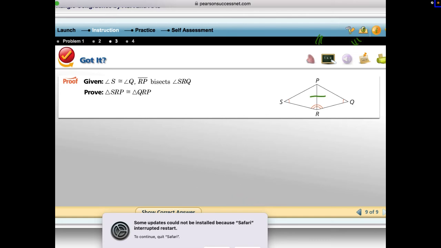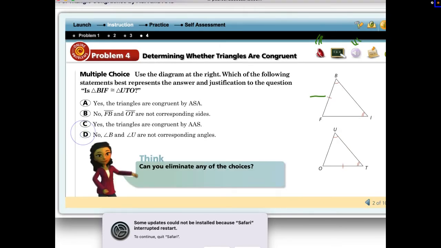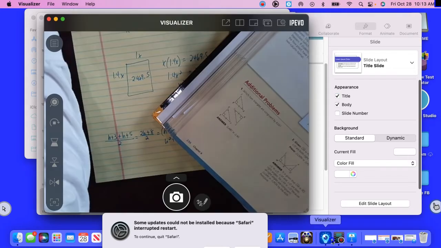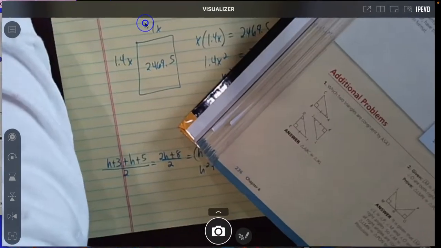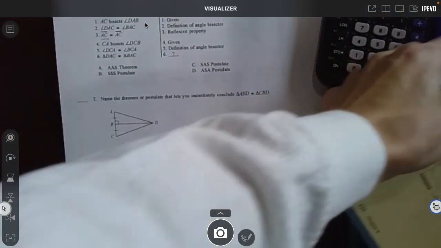Okay, we'll just go through the worksheet. Let me pull this up. I'm going to give you your worksheet and you go through this with me. What's nice is they give us the answer choices on this proof.